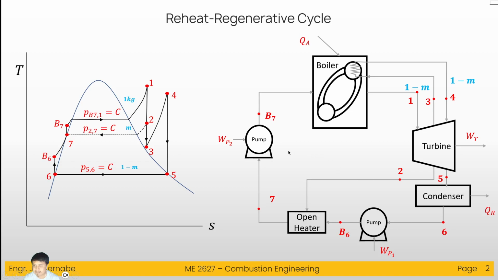Okay, so for this one, if you can remember, the regenerative cycle will have an open heater. But in this case, what if we also have a reheater included with the regenerator? So steam will go from 1 to 2, wherein 2 will be in the regenerative portion.